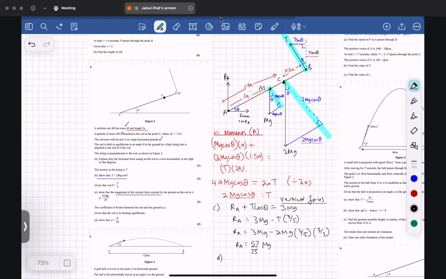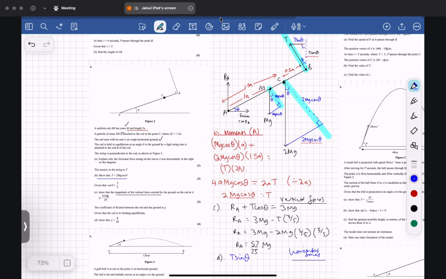What are the forces left and the forces right? Left is T sine theta.